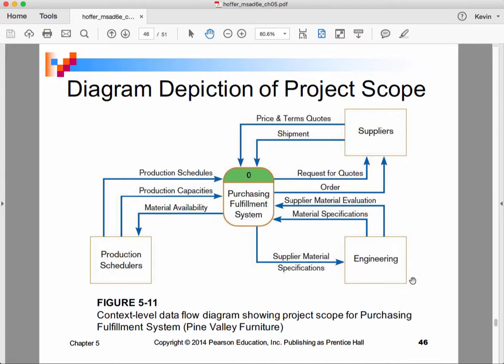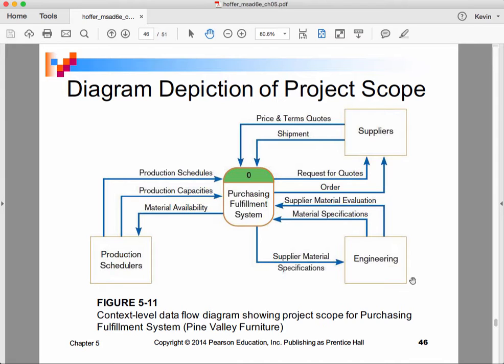So in this case, we've got production schedulers, suppliers, and engineering. And then we represent the flow of typically information, but sometimes it can also be material, into and out of the system. And that very interestingly describes the scope of the project, because who's involved in terms of people or other systems that we're going to serve?